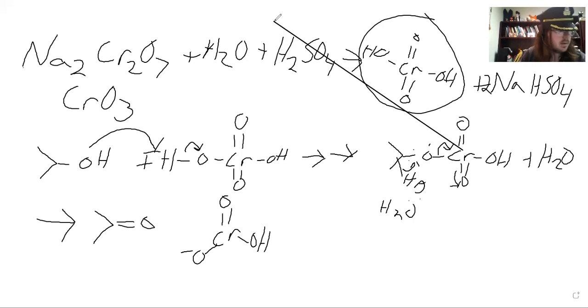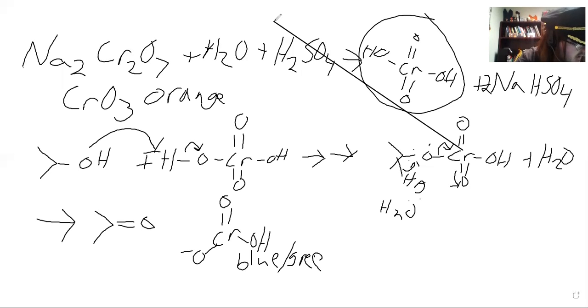Okay. Now the exact nature of this is not super important. Just know that we start with an orange chromic acid, and by the end we get a bluish greenish byproduct.